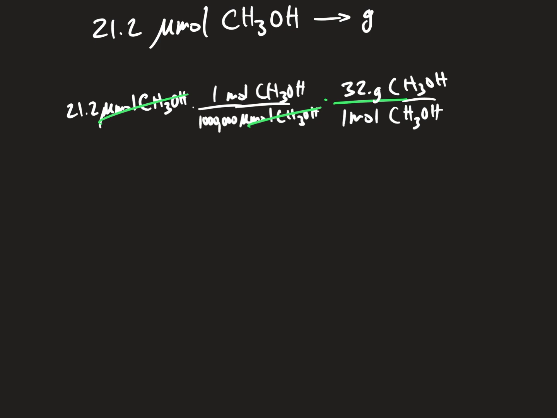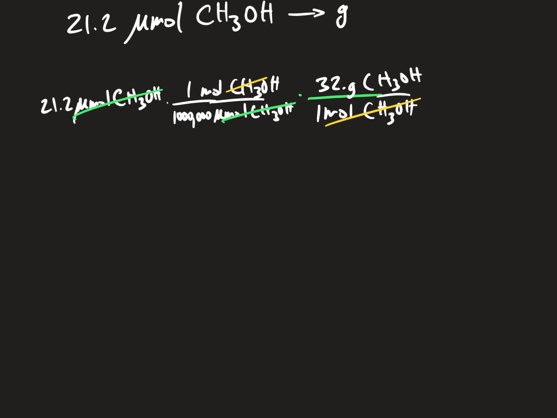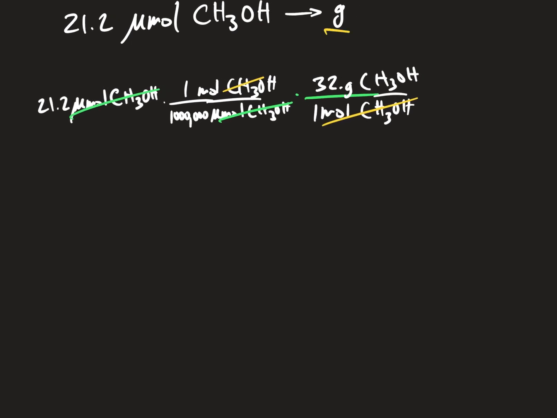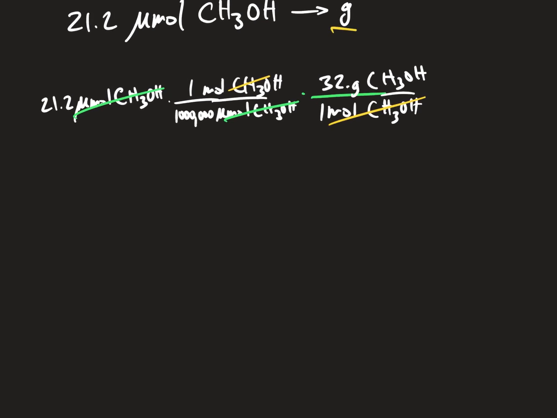Did everybody else get 32? Okay. And that's what we're looking for, so we can stop. And that would give us 6.79 times 10 to the negative 4 grams of CH3OH. Good?